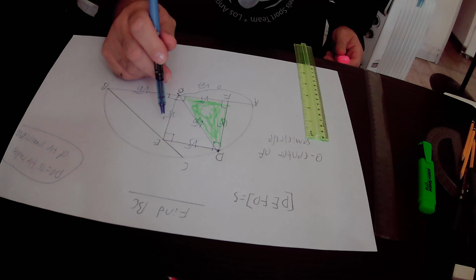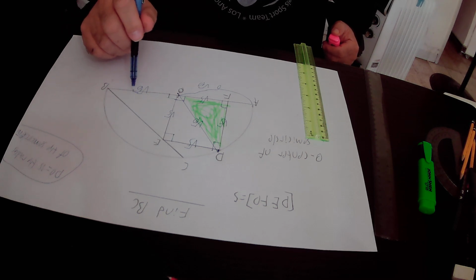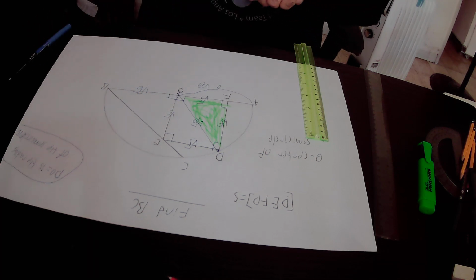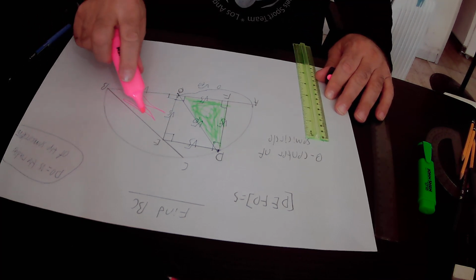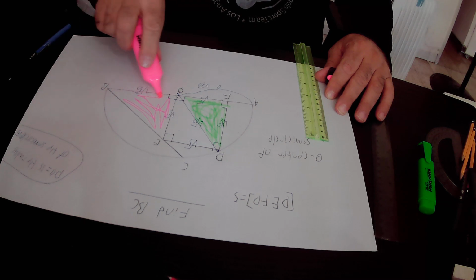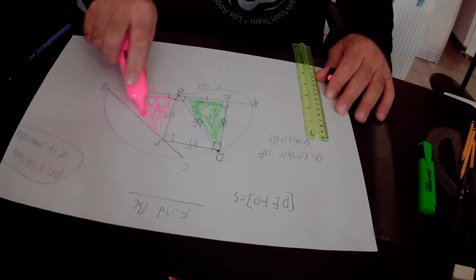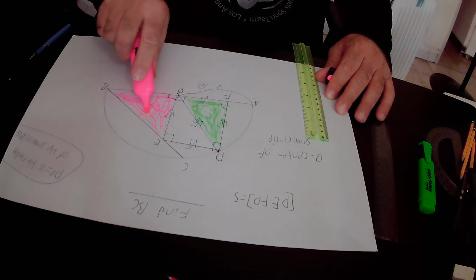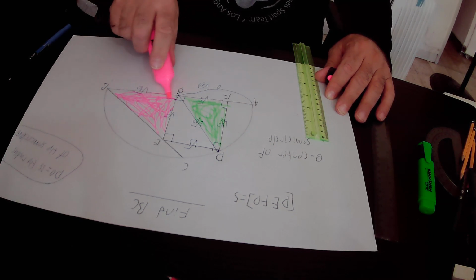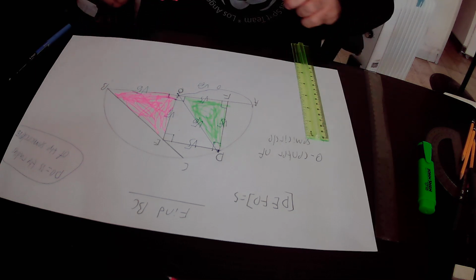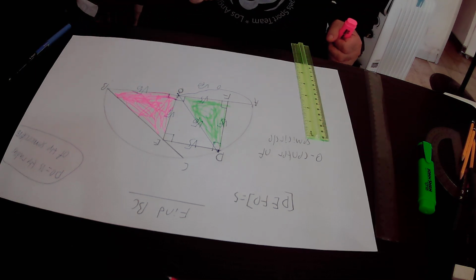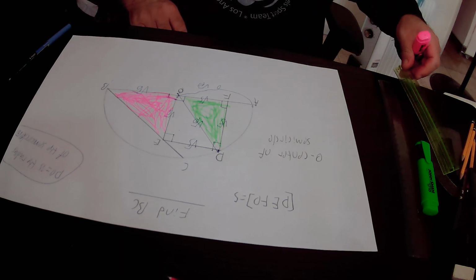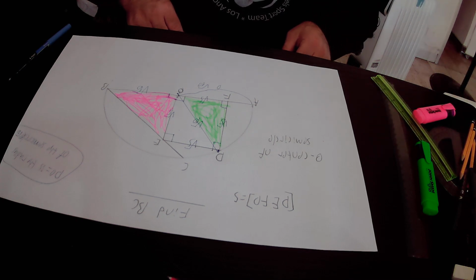And because angle EOB equals 90 degrees, it means that triangle EOB is a right triangle. The pink triangle EOB is a right triangle. Therefore, we can implement the Pythagoras theorem on this right pink triangle EOB. So we'll copy the right pink triangle in a new page and we'll implement the Pythagoras theorem on this pink triangle.